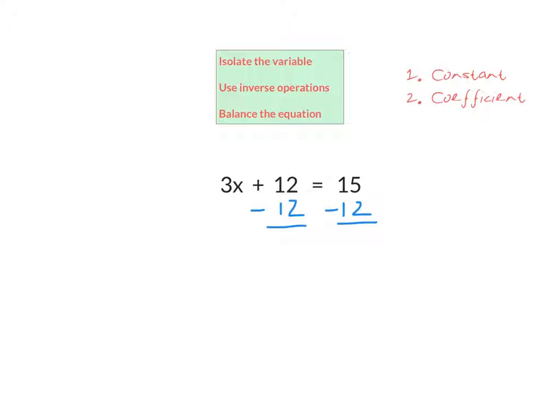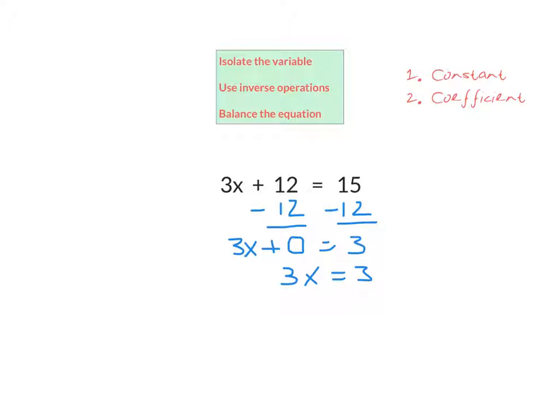I'm going to rewrite my equation, and nothing was done to the 3x, but a positive 12 plus a negative 12 is 0. And 15 minus 12, or 15 plus negative 12, is a 3. And I'm just going to simplify my equation as 3x is equal to 3.